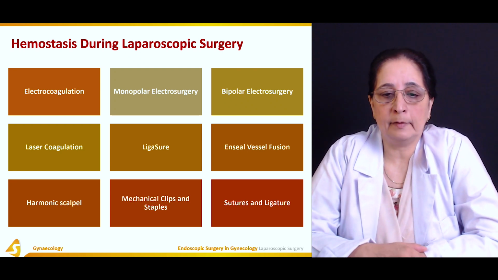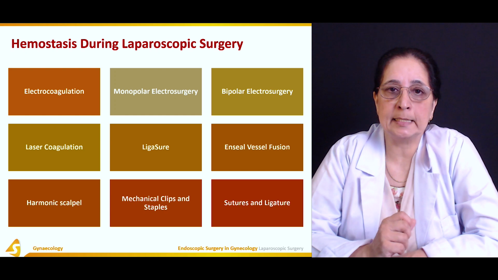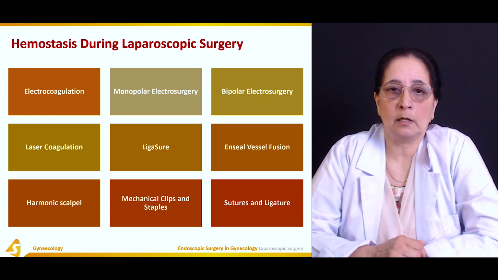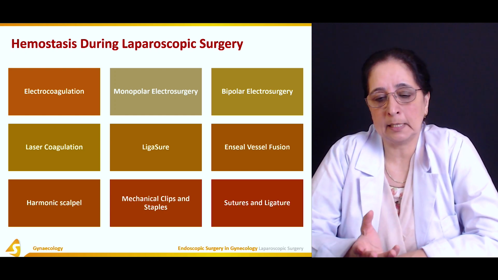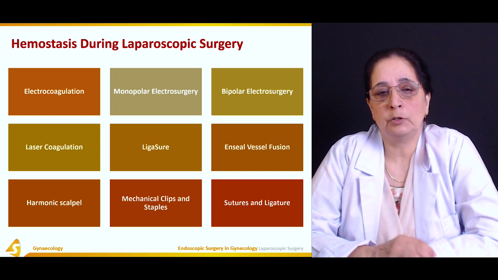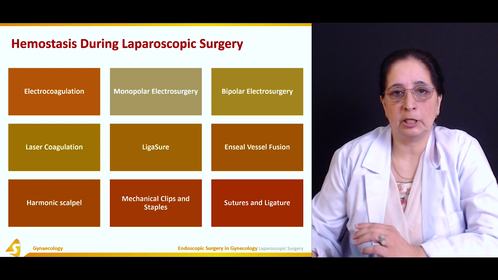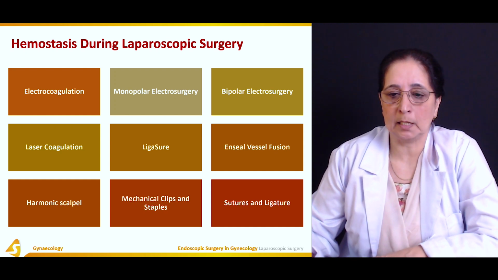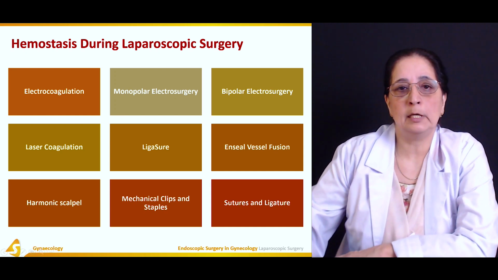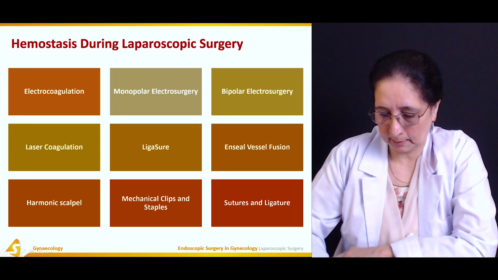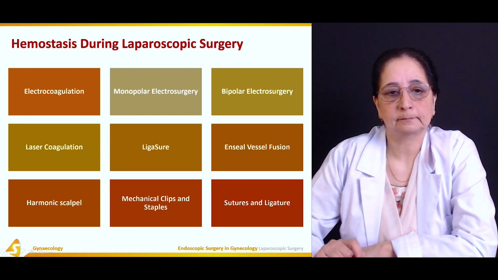Then we can have mechanical clips and staples. Staples are also used besides sutures to control the blood loss or to suture the skin. Staples are nowadays very commonly used besides the sutures and ligatures.